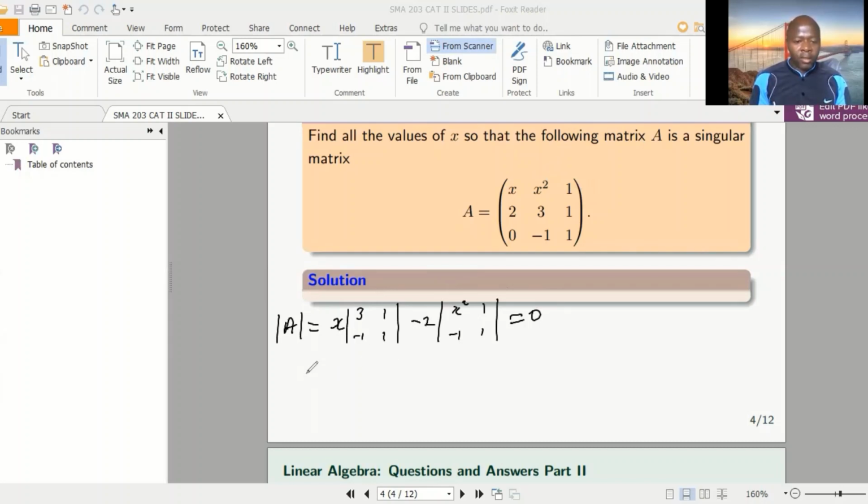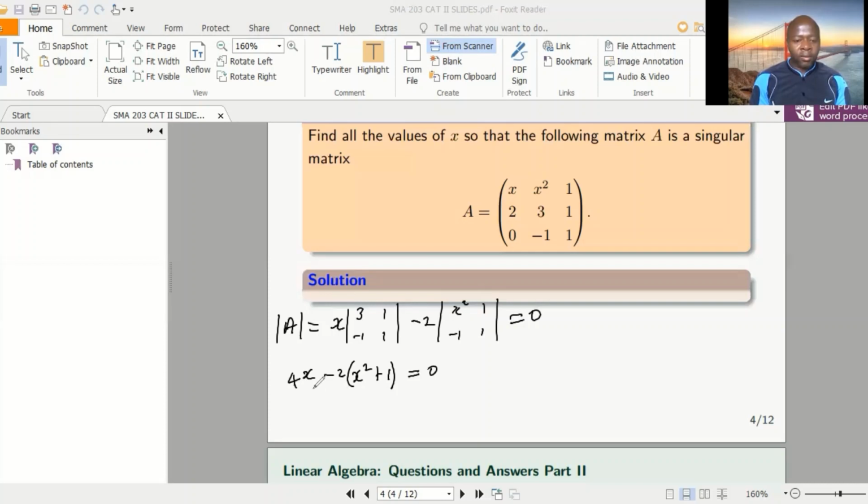So when you do that, you have x. This is 3 minus 1 will be 4. So x times 4 minus 2 times x squared plus 1 is equal to 0.